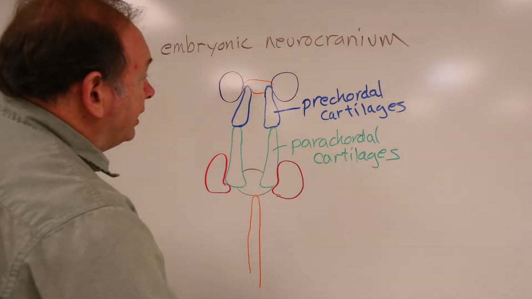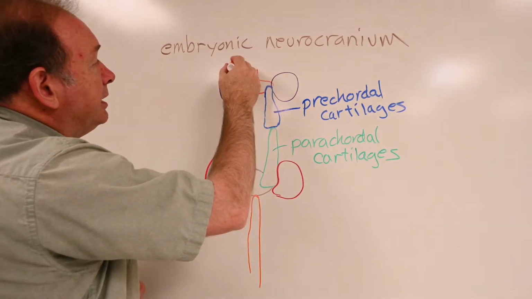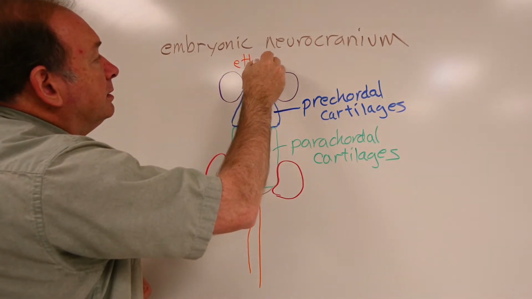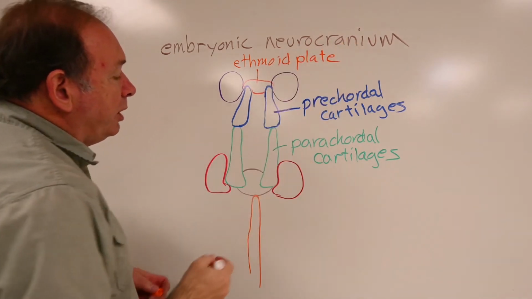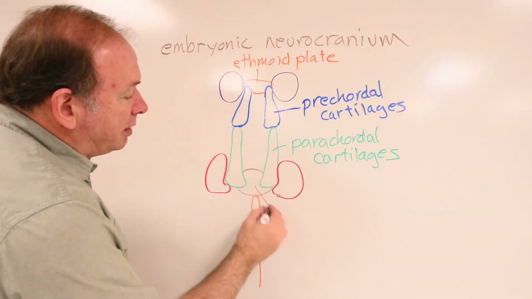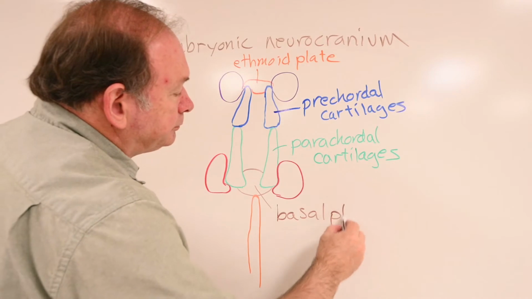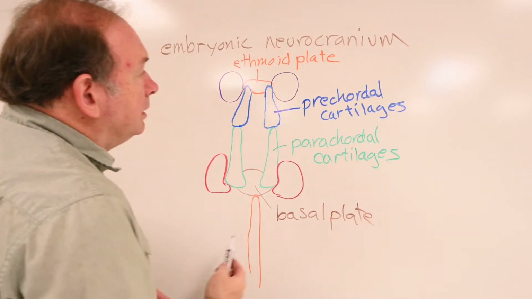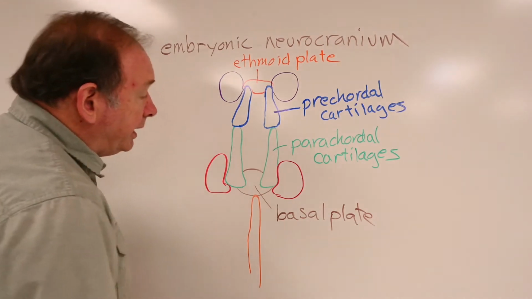In the very front, they're joined together here with what's called an ethmoid plate. The ethmoid plate in the front. And in the back right here is what we call a basal plate. So ethmoidal plate in the front, basal plate in the back.